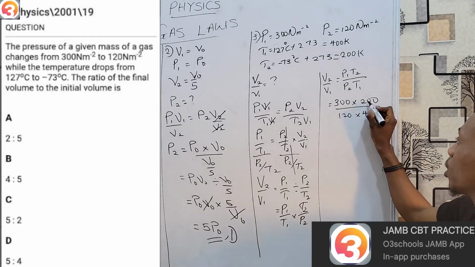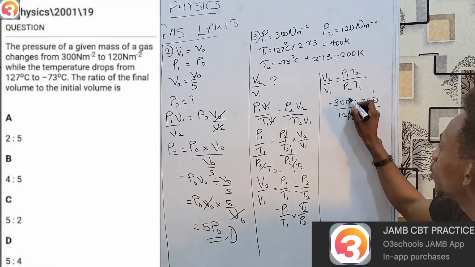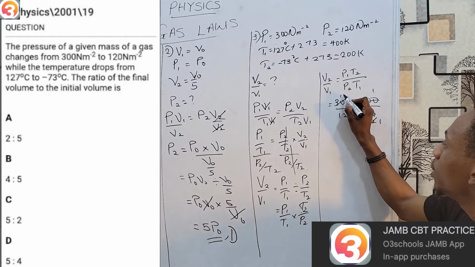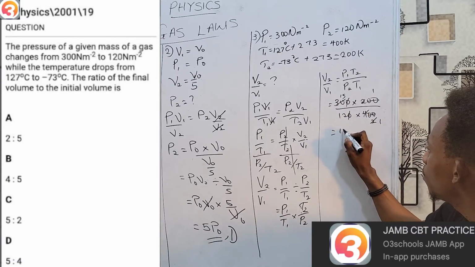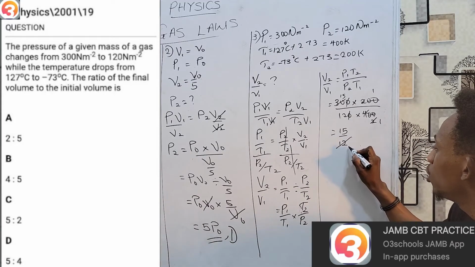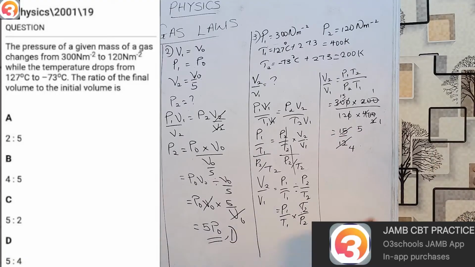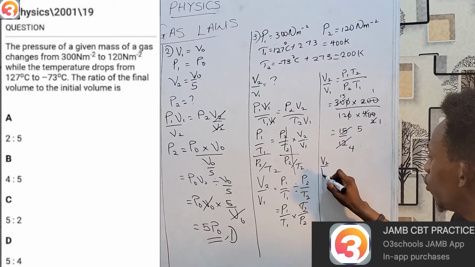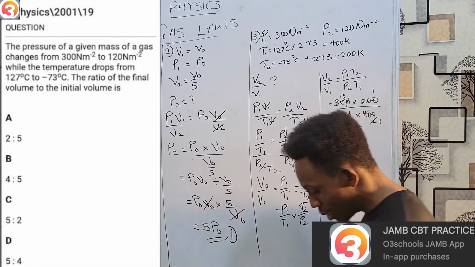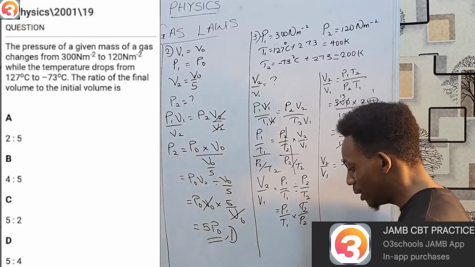So double zeros cancel double zeros. 2 into 30 is 15. I'm having 15 over 12. Can I still cancel out? Yes. 3 into 12 is 4, 3 into 15 is 5. Nothing else can cancel out. So V2 over V1 must be 5 ratio 4. And if I take my options one more time, that is option D.